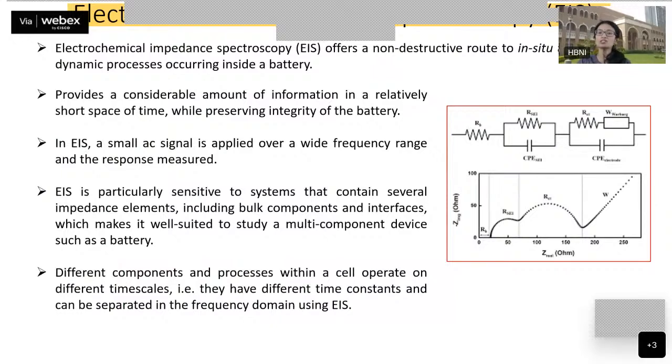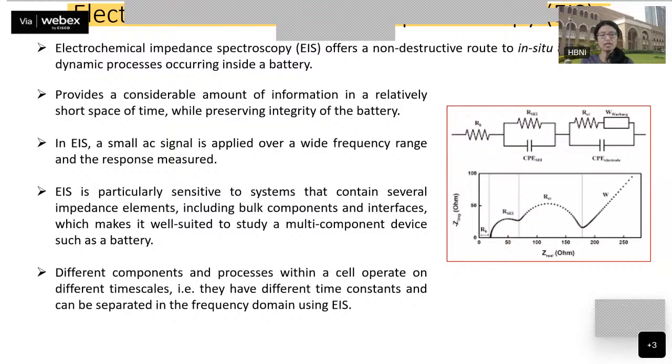Whenever you are charging and discharging a battery, dynamic processes are taking place, because your lithium ion is moving from the cathode, getting inserted into the anode, moving through the electrolyte, and when you are discharging the battery, it is moving from the anode and again taking back its place in the cathode material. All these dynamic processes you can access using this particular technique, which is known as electrochemical impedance spectroscopy.